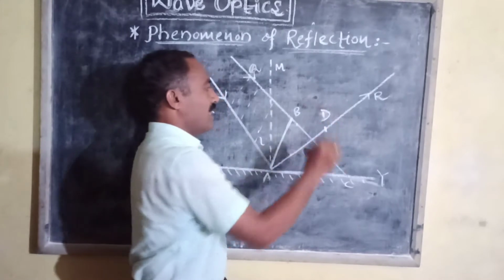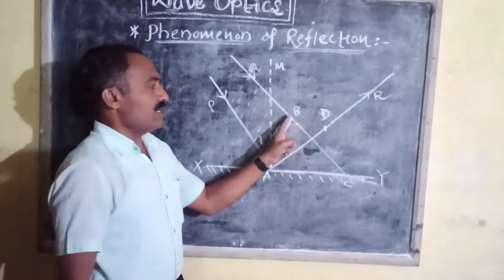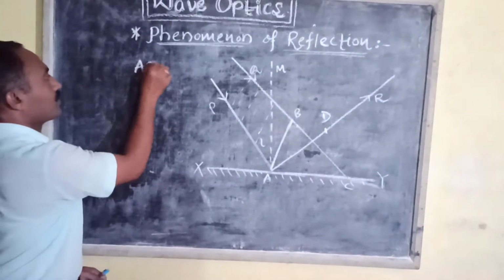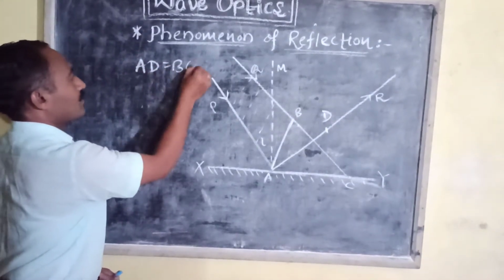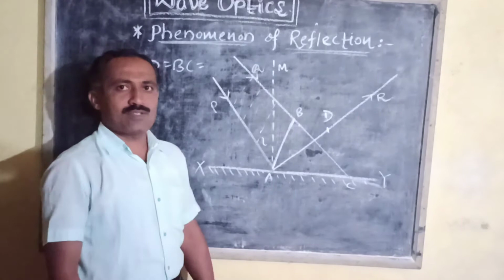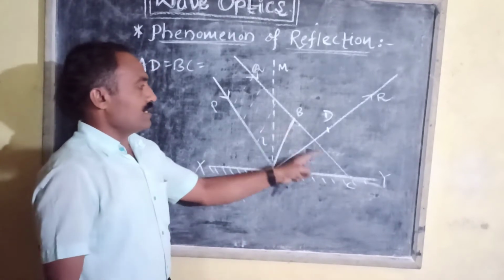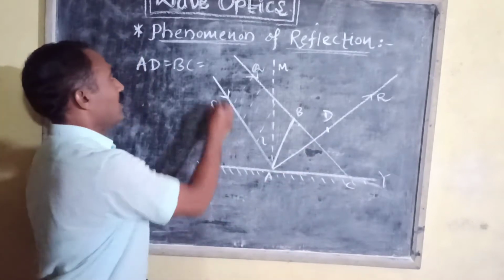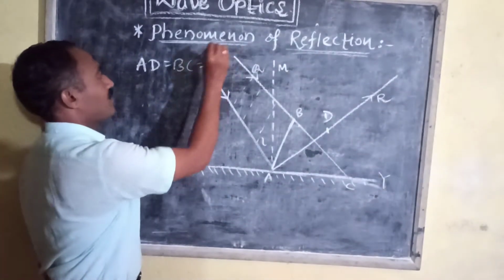Therefore, we can write AD is equal to BC. If V is the velocity of light in air, then the distance BC and AD is equal to VT.